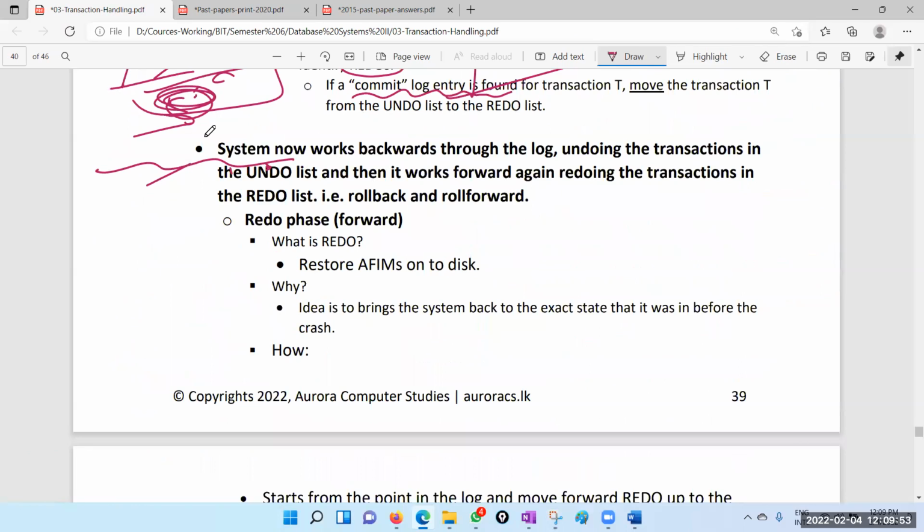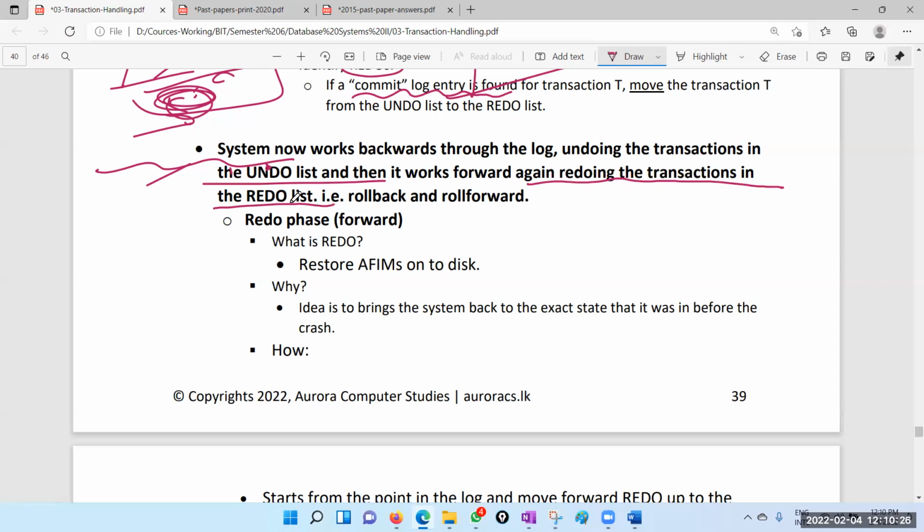Now the system works backwards through the log, undoing the transactions in the undo list. Now we have the undo list and the redo list, and we have come to the crash point. We start from the crash point and go backward, undoing all the things in the undo list. Then it works forward again, redoing the transactions in the redo list.